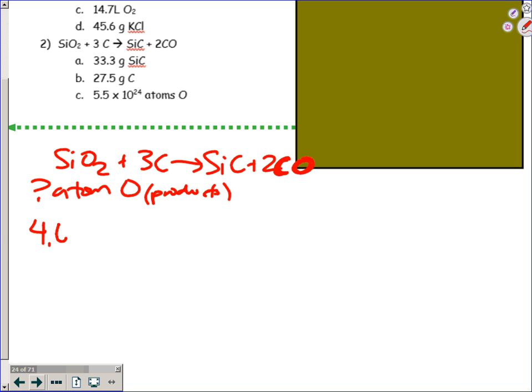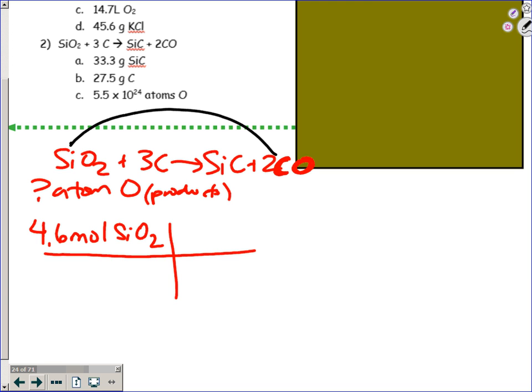This is our given, 4.6 moles of silicon dioxide, okay? All right, so I'm at the magical unit of mole, right? I'm ready to cross the bridge. Where am I going to go? I'm going from silicon dioxide to which thing I care about? I'm going from here to here. I'm going from silicon dioxide to the oxygen product, which is carbon monoxide.